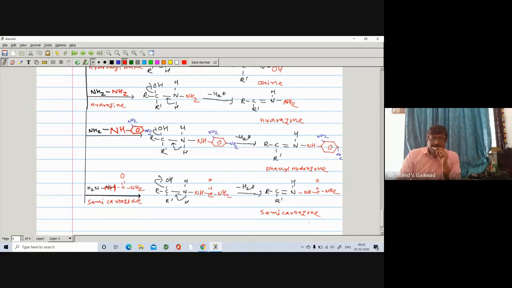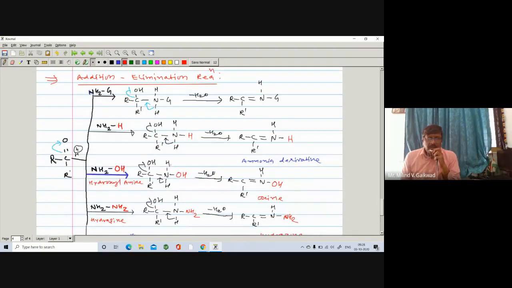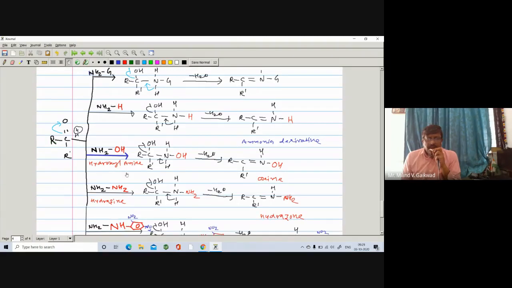So here what we have seen is the addition of ammonia, you get an ammonia derivative, and we have put the H, right? In this case G is H, ammonia derivative. G is OH, hydroxylamine, you get oxime derivative.